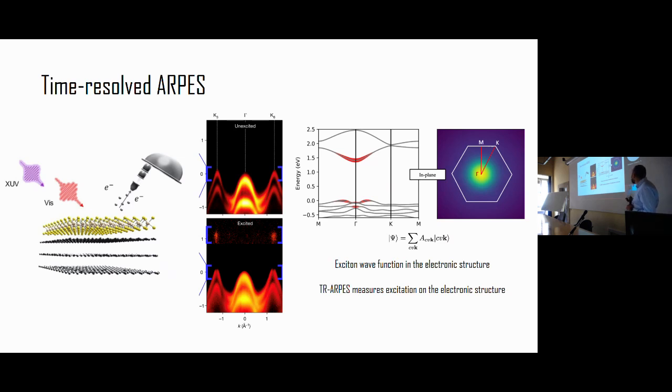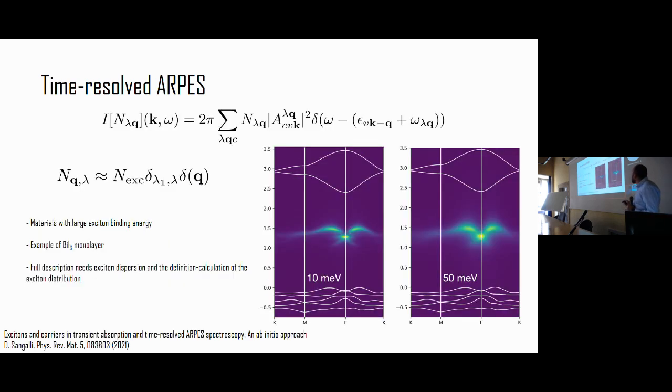And this is so far your excitonic wave function. So one option is what Davide proposed in a recent paper that he published in Physical Review Materials last year or 2 years ago, where you can get a first estimation for this ARPES intensity if you put exciton population.